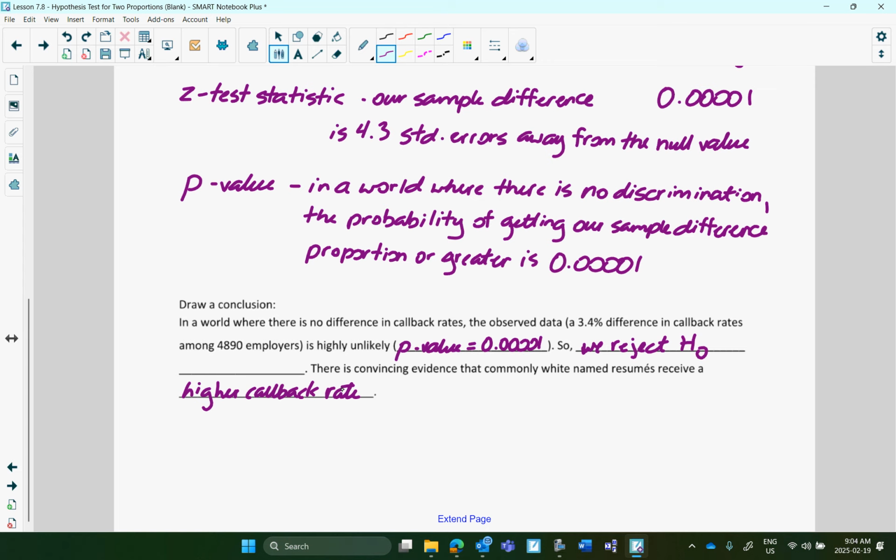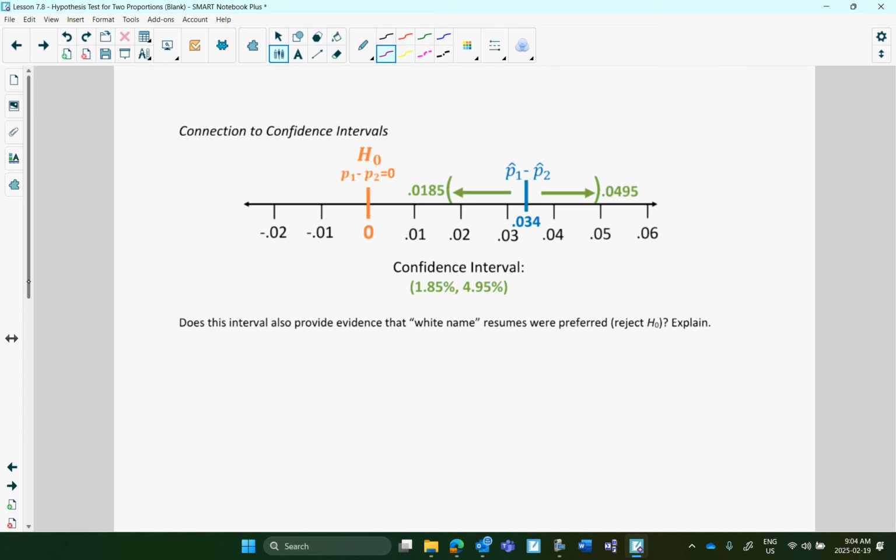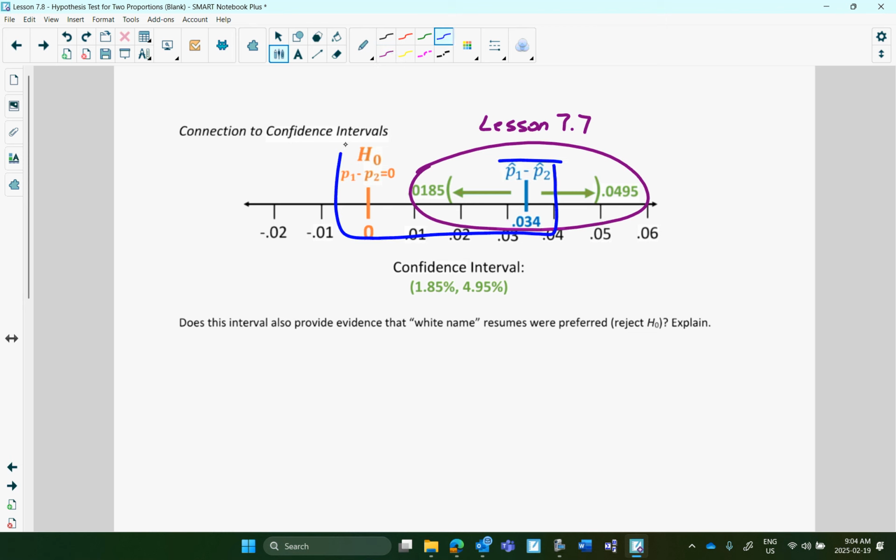So this connects with what we did yesterday. This is what we did in yesterday's lesson. We found the confidence interval. This is what we did today.